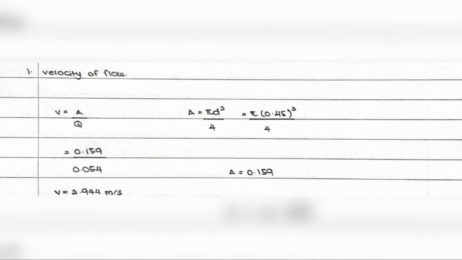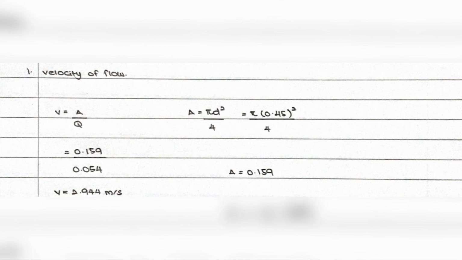Formula untuk mencari area ialah pi d kuasa 2 bahagi dengan 4 bersamaan dengan pi kali dengan 0.45 kuasa 2 bahagi dengan 4. Jadi jawapan untuk A ialah 0.159. Jawapan untuk area ialah 0.159 bahagi dengan flow rate iaitu 0.054.